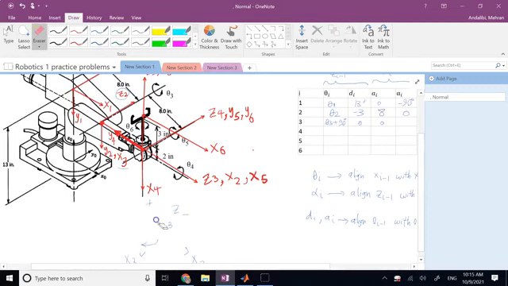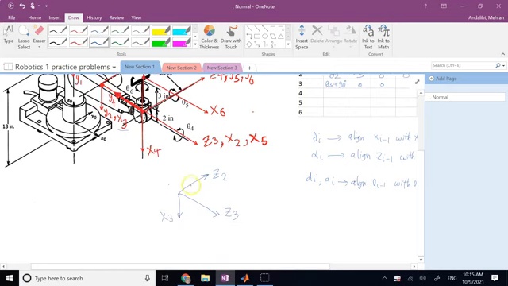Let me draw that shape for you here so we can figure it out. If you look here, your z2 looks like this, your z3 looks like that. And then the new x3 is like this. So what kind of rotation do you need to align z2 to z3? This much, 90 degrees.